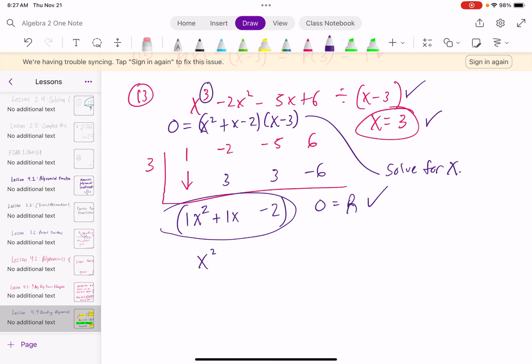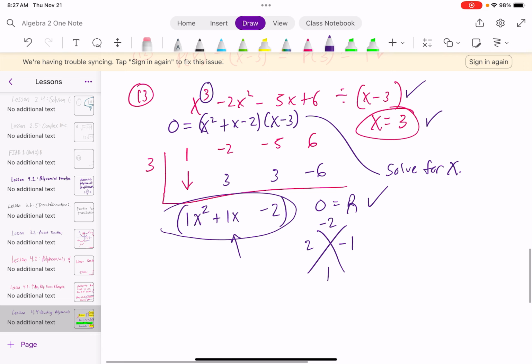If we have this function up here, we do our x. 1 times negative 2 is negative 2. Our b value is 1. And we have 2 times 1 is 2, and I want it to be positive. Okay, so 2 times negative 1 is negative 2, and then 2 minus 1 is 1.